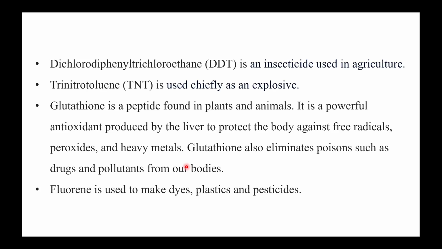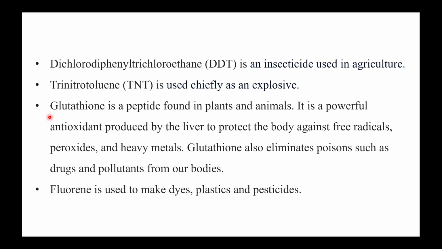Another xenobiotic compound was fluorine, which is used to make dyes, plastics, and pesticides. The only compound that was not a xenobiotic was glutathione. Glutathione is a peptide found in plants and animals. It is a powerful antioxidant produced by the liver to protect the body against free radicals, peroxides, and heavy metals.